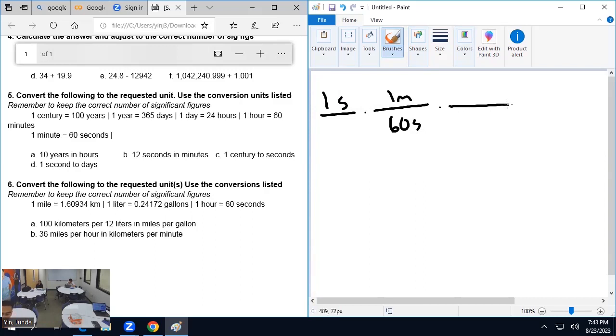Nick? Yes, it would be 1 hour over 60 minutes. Then 1 day over 24 hours. That is correct. That is it, and we're left with that number we went over earlier.